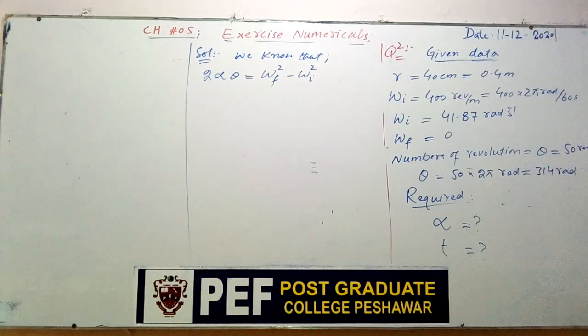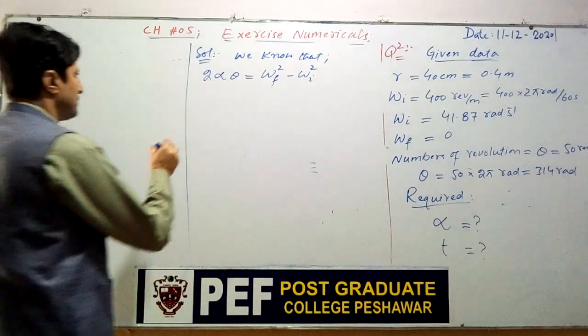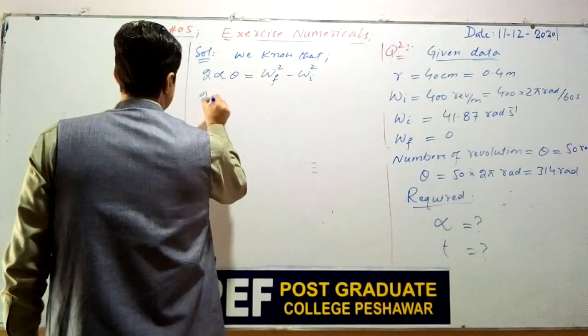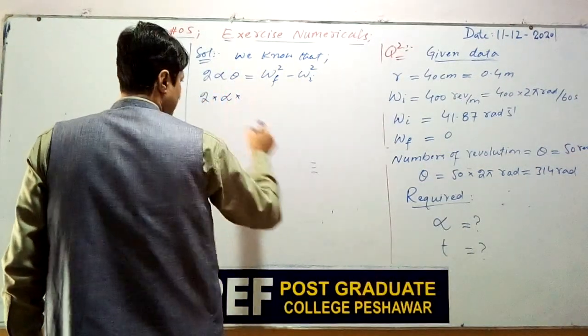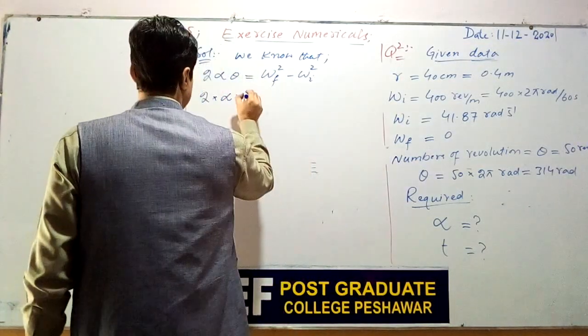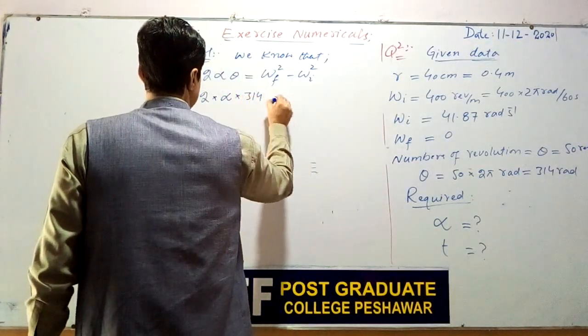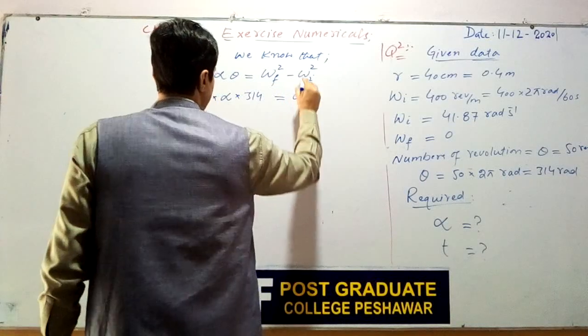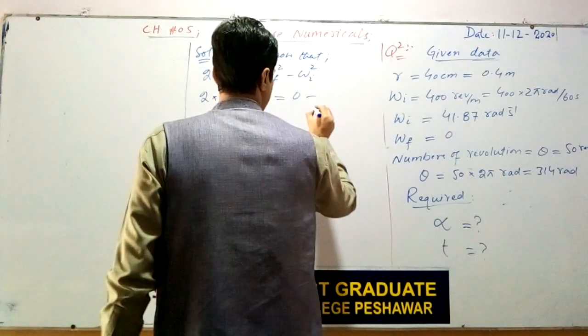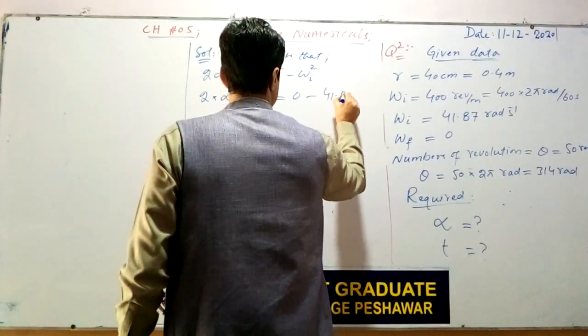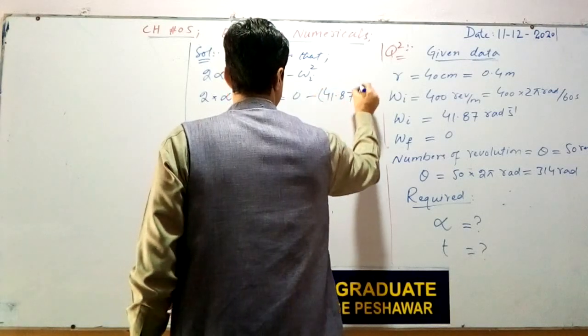So putting the values in this equation, we get 2 alpha, what is theta? 314 radian. Omega f is 0 and omega i is 41.87 whole square.